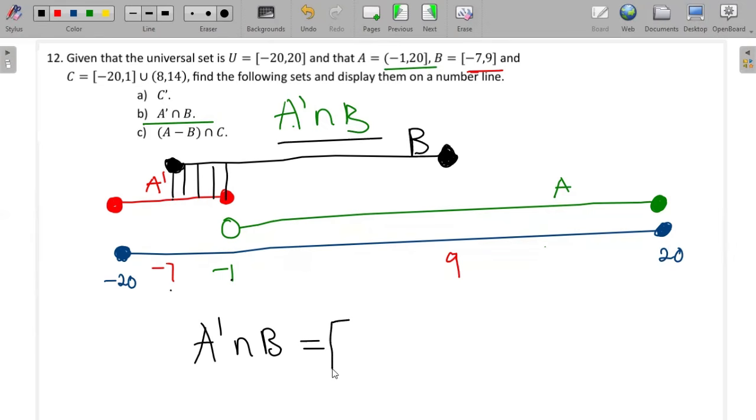So here you have a square bracket and you put -7. You come to this point where the intersection is ending. Here the black line is there because it's along the solid line, and even there it's shaded. So it will be comma 1 like that. So that will be our set A complement intersection B. Okay, any questions there?